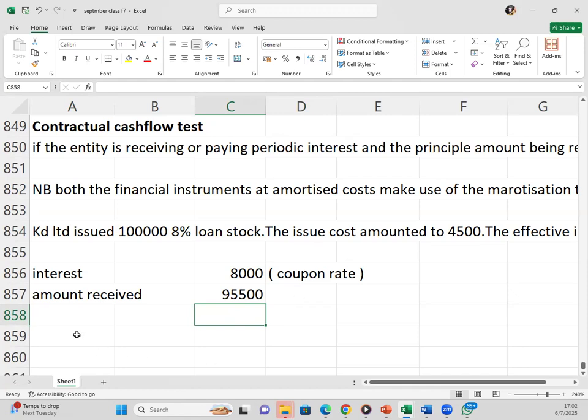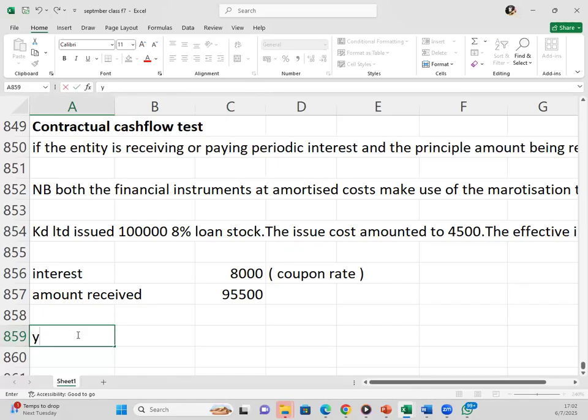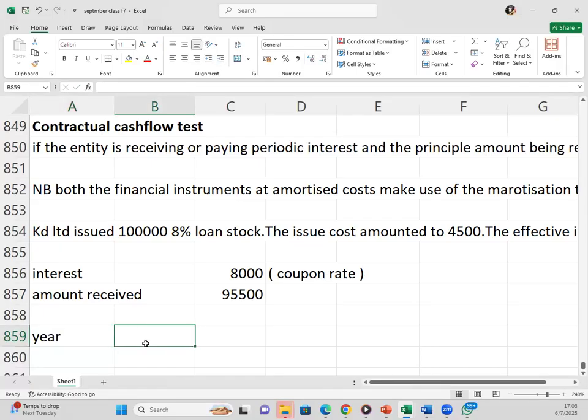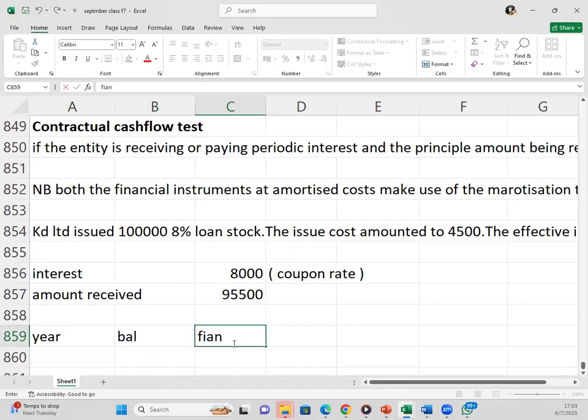it means that you are going to have your amortization table. Here, you have your opening balance. We use that one where we were dealing with arrears, where we start with the finance cost.